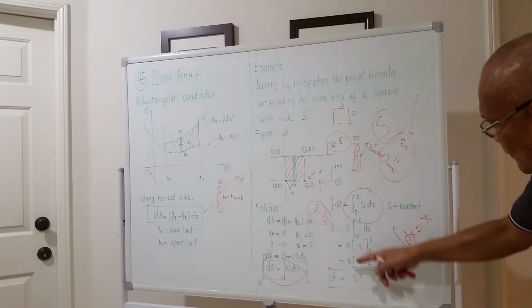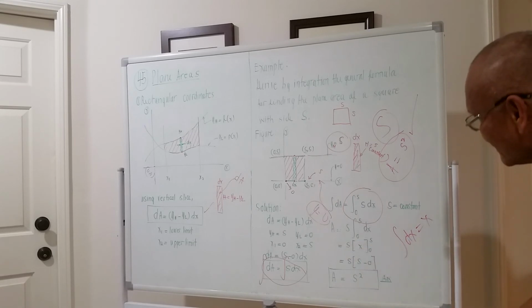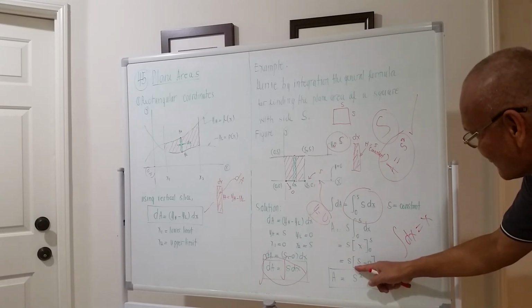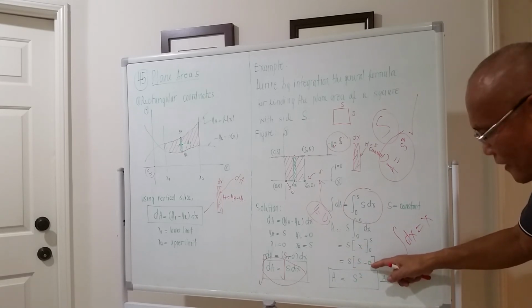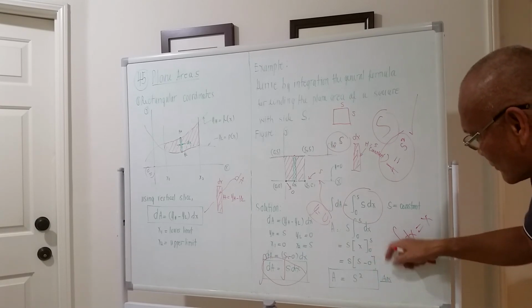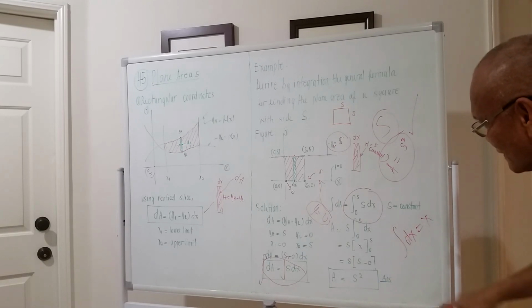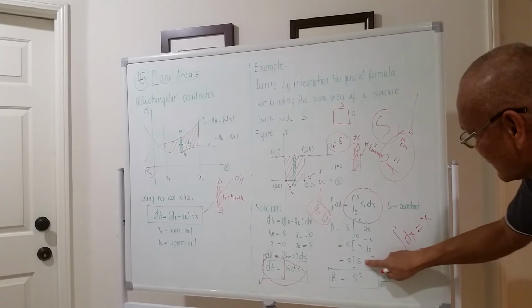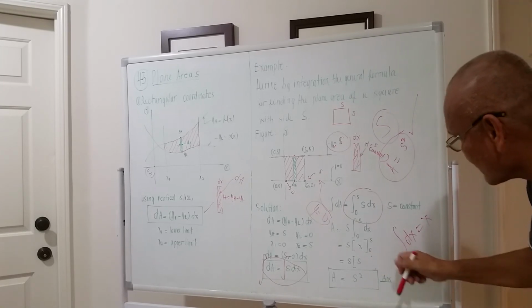Therefore, area will be equal to S times the quantity S, the upper limit, minus the value of the lower limit, which is 0. But this is 0, so what will come out will simply be S times S.